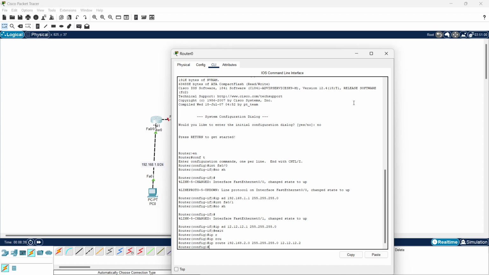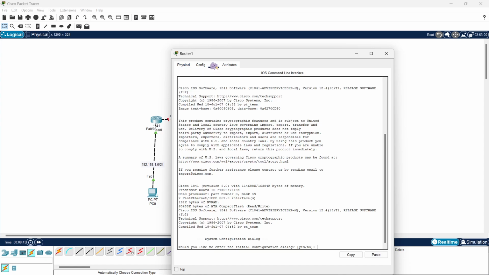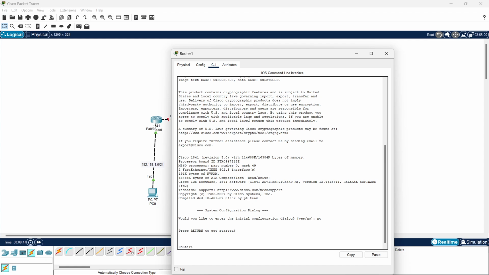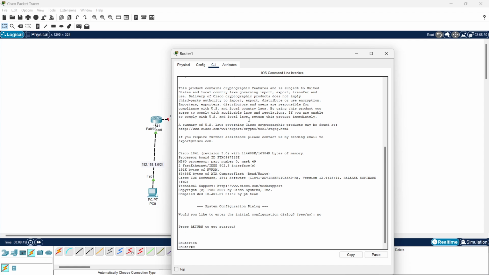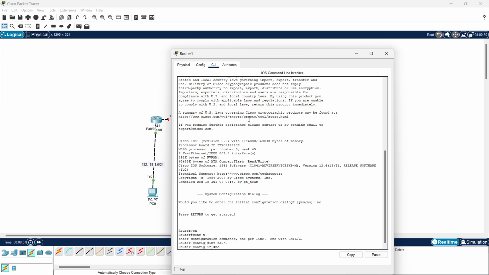So for the next, we're going to configure router 1. We get into the configuration mode again. The interface 0, no shutdown.